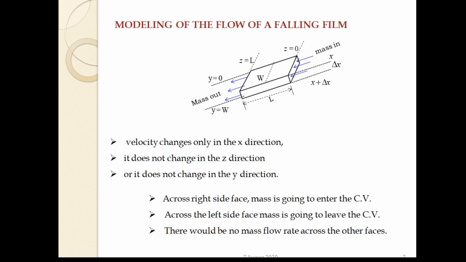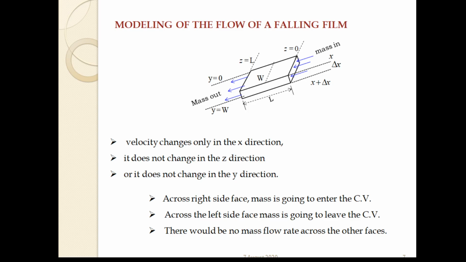At the top of that control volume and the bottom surface of that control volume, the shear stresses are acting. At the top of that control volume the shear stress will be tau xz equals mu dvz dx. Why vz?